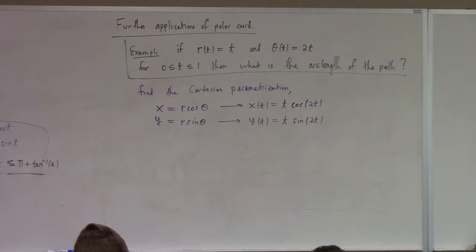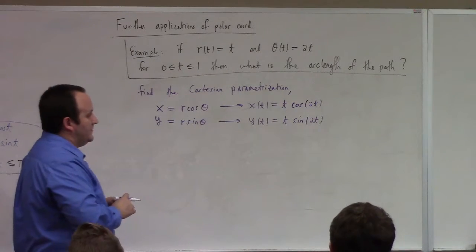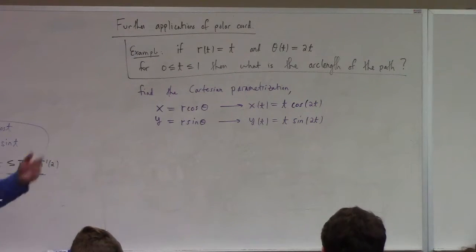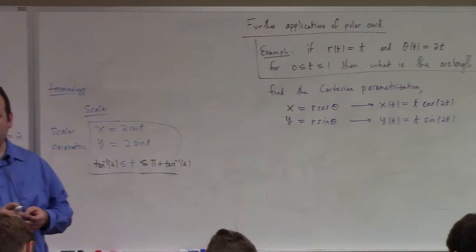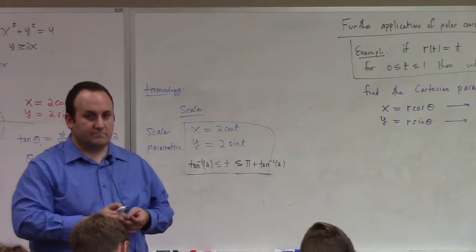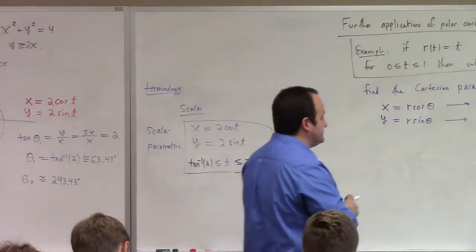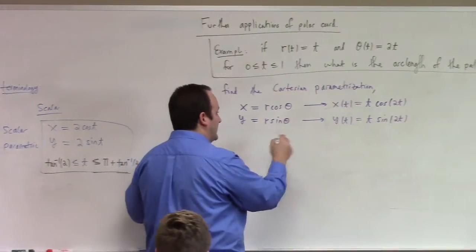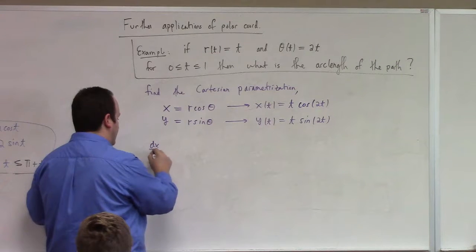Right? So, for lack of a better idea, that's what I would start with. Then, in order to calculate, there you go, that's the corresponding Cartesian parameterization of this curve, right? So then what? To calculate the arc length, we need to calculate what's dx/dt, what's dy/dt. Well, dx/dt here is what?